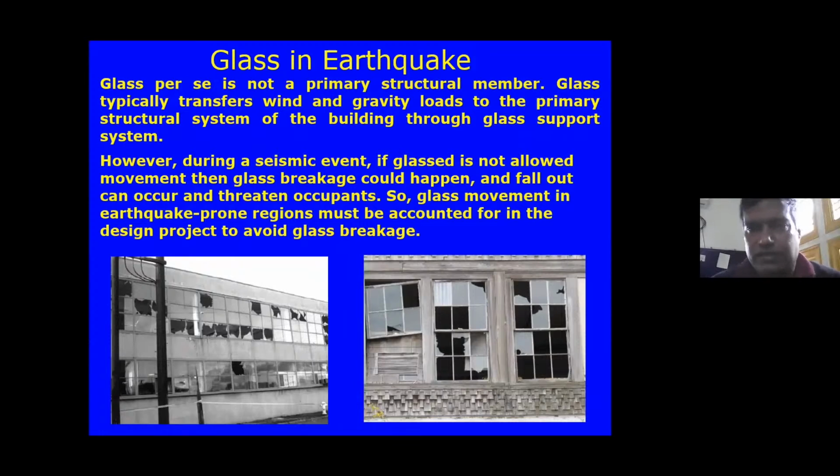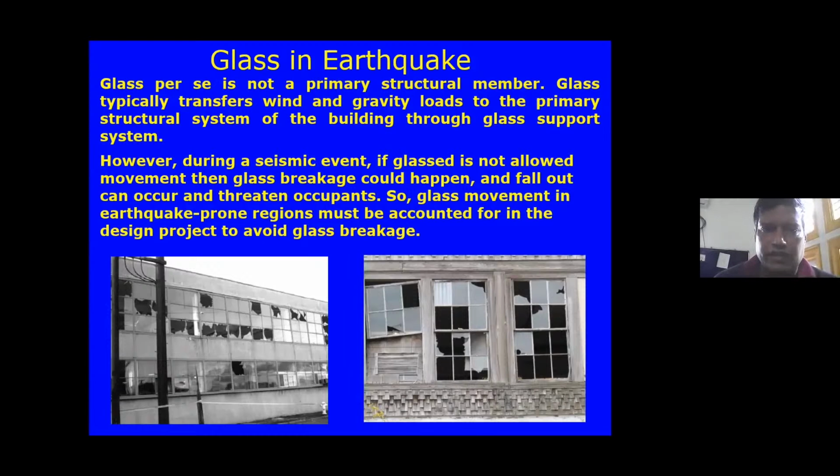At one point, when the stress increases beyond what the glass could take, it just breaks. And once it breaks, there is a whole potential for it to fall off from its supporting system. This creates damage, and this is what should be avoided in the design of glass for earthquake resistant structures.